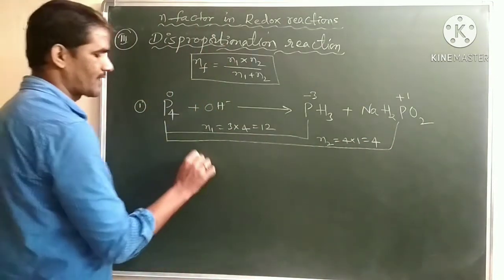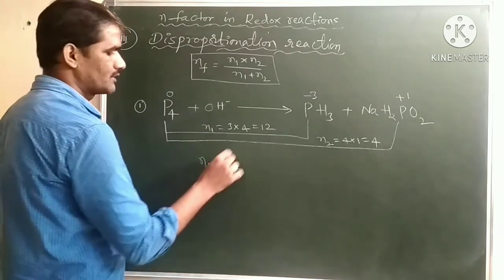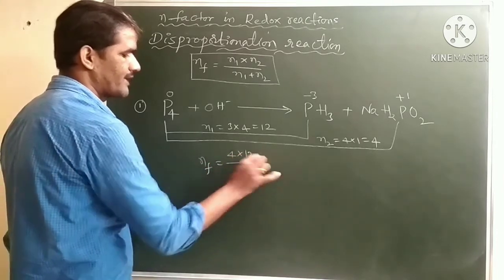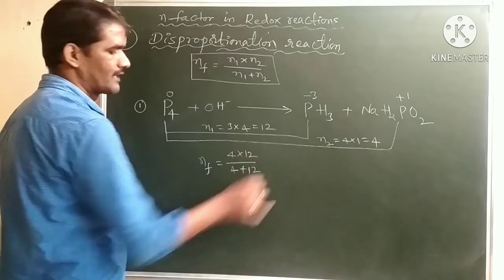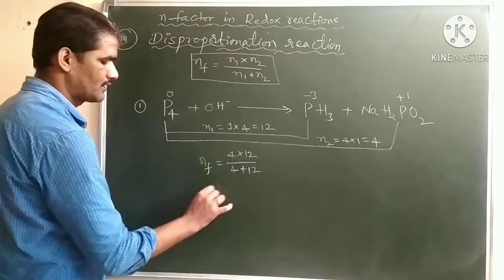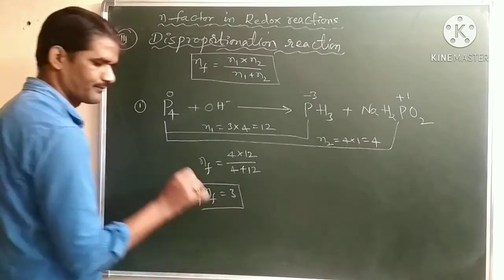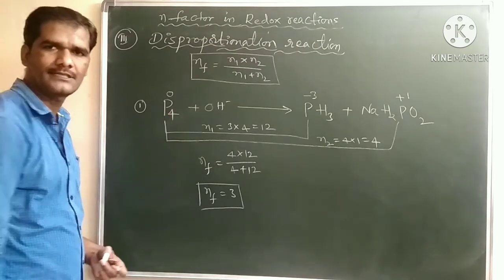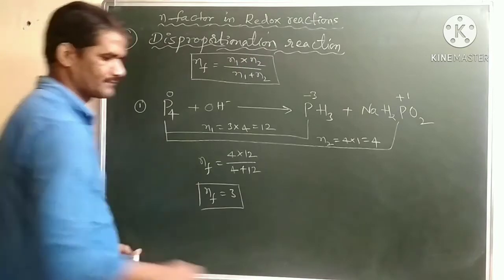The resultant N factor is N1 into N2, that is 4 into 12, by N1 plus N2, 4 plus 12. So the overall N factor is equal to 3. So here P4 N factor is 3 when it undergoes a disproportionation reaction.